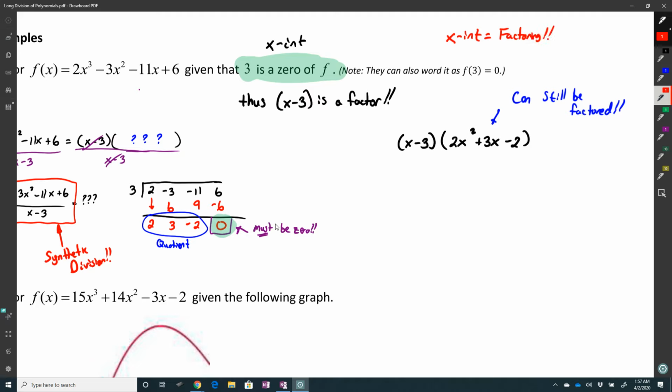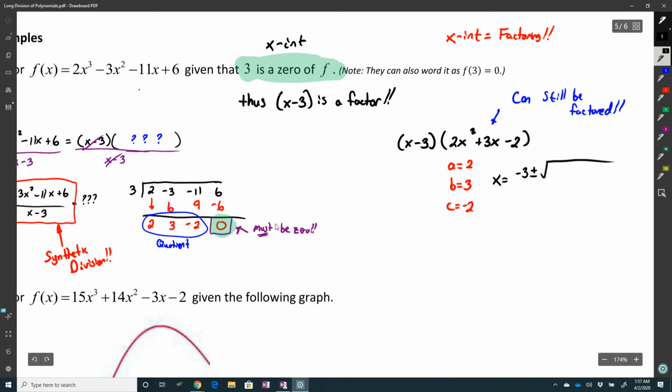So a equals 2, b equals 3, c equals negative 2. And so I have negative b plus or minus the square root of b squared minus 4ac, where ac gives negative 4, and then the whole thing divided by 2a, and 2a is just 4. So x equals negative 3 plus or minus the square root of 25, which is just 5, over 4.